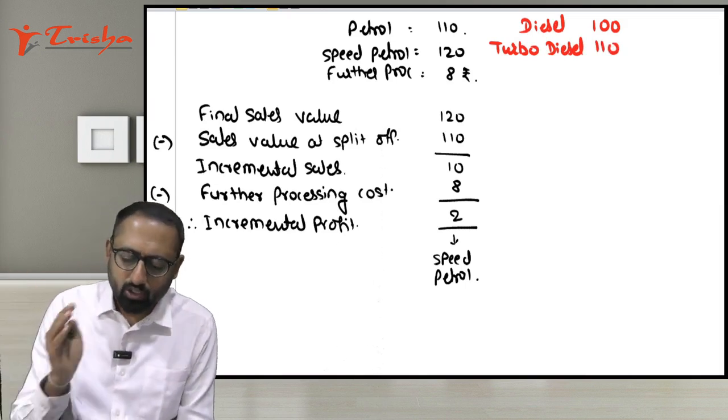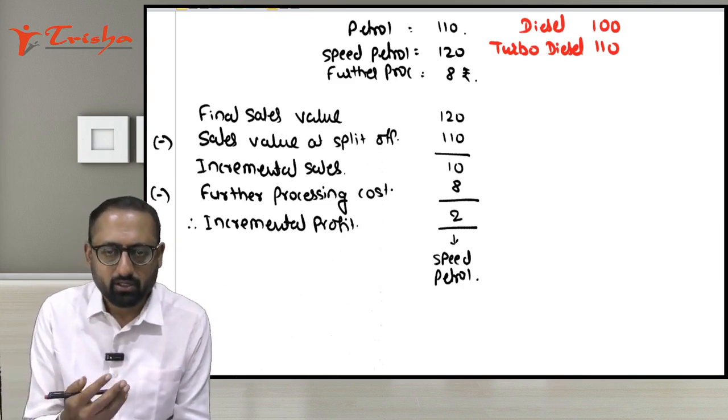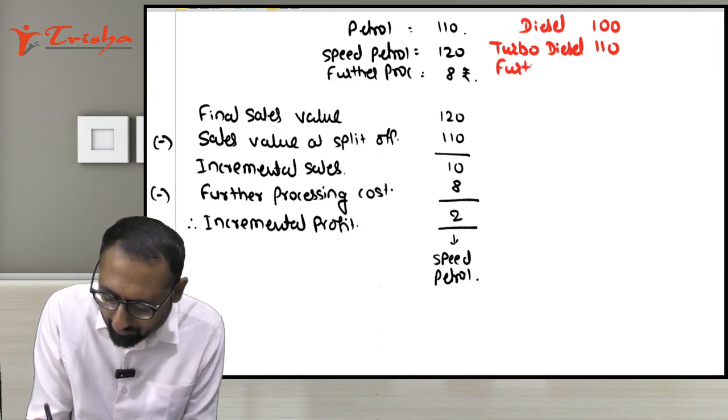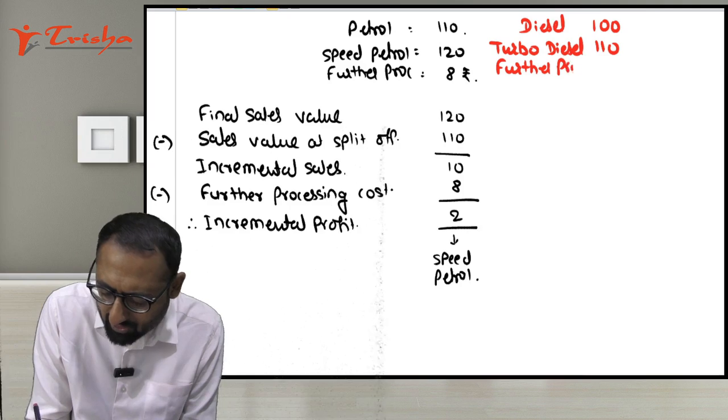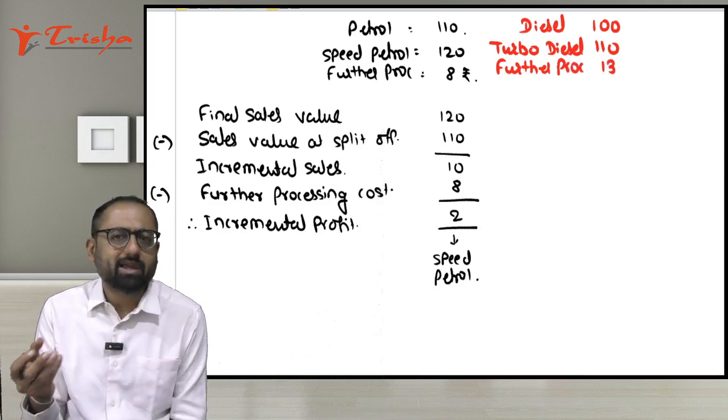But to convert diesel into turbo diesel, to remove its impurity, they are going to incur further processing cost of suppose 13 rupees per liter. You are going to incur the additional cost.